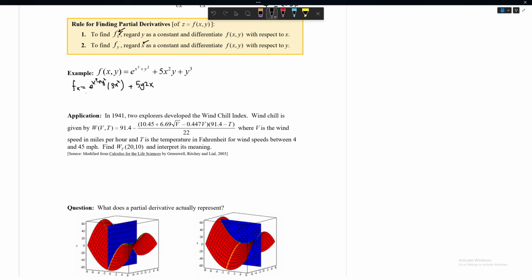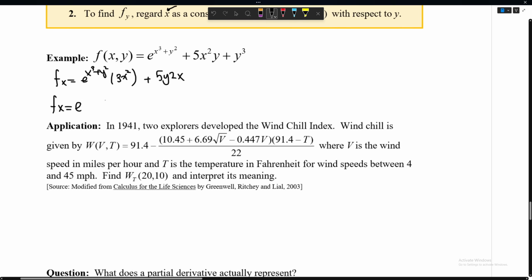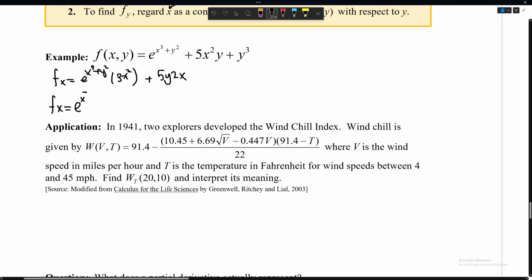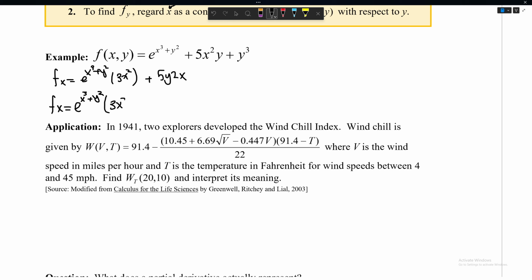When you simplify this, I'll zoom in, you'll get e to the x^3 plus y^2 times 3x^2 plus 10yx, right? Now for doing the y, you'll do the same thing, and then times the derivative of the top.